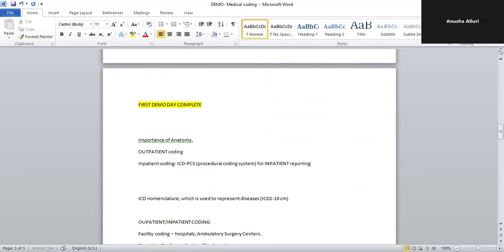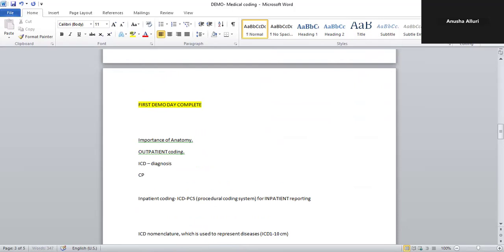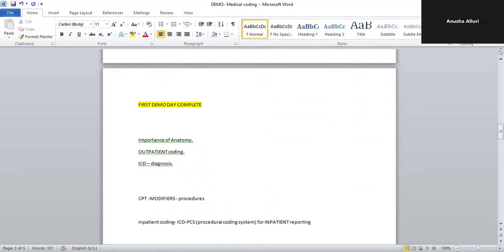In outpatient coding, we use ICD for diagnosis and CPT for procedures, along with modifiers. The doctor will dictate all the documentation, the medical terminology, and the services through medical vocabulary.